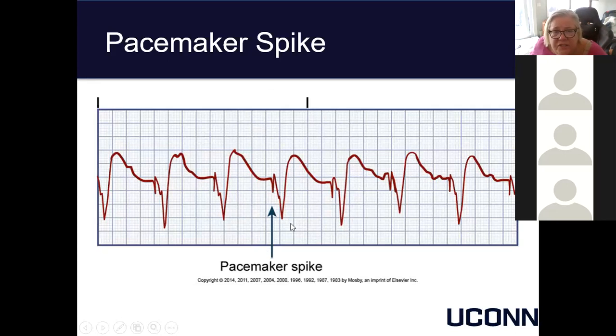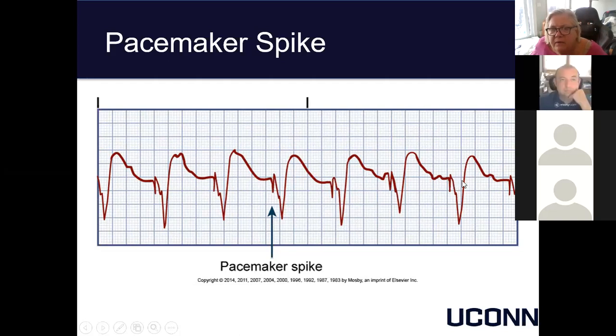This is an EKG with a pacemaker spike. So in this case, we don't know whether there would have been a ventricular contraction without that little stimulus right there. What do we note about this QRS complex? Anything you want to say about it?